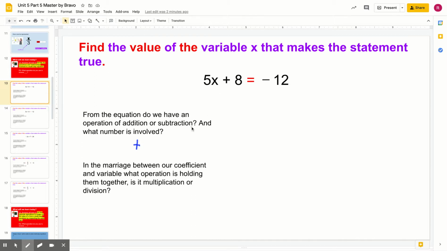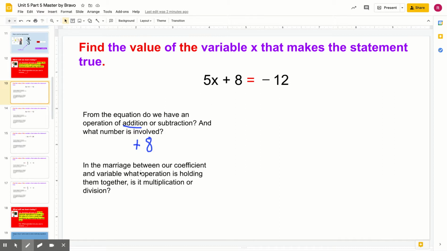So my follow-up question to that is, what number is involved with that addition operation? And you guys are correct. Addition of 8 is what's happening within that equation. The operation of addition is involved with the number 8.